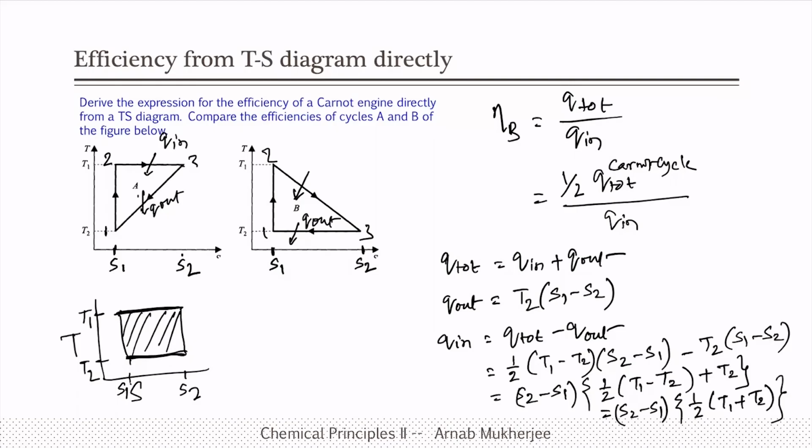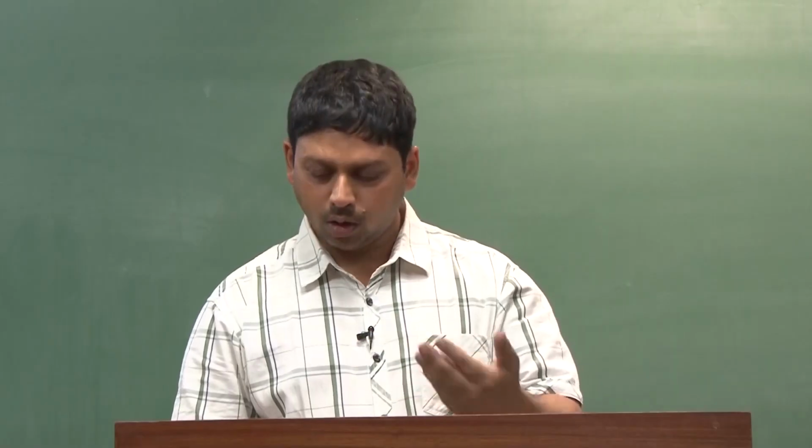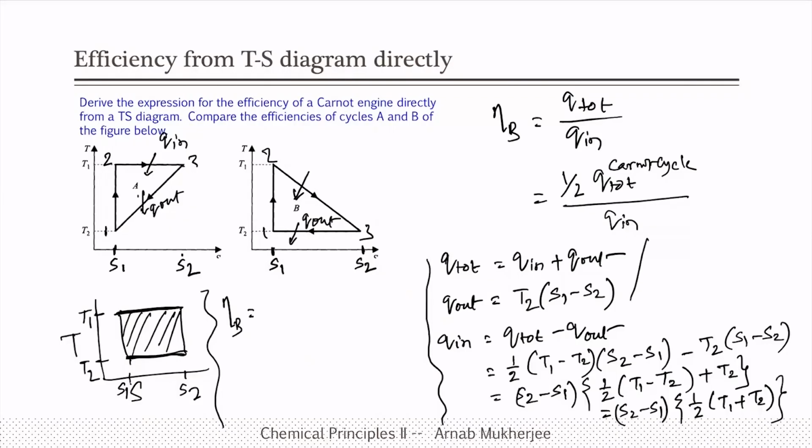Now, we have everything available to us. So, let us write it here, we have some space. Eta of B is Q tot over Q in. We can write it many ways, for example 1 plus Q out by Q in also, but let us write it by Q tot.